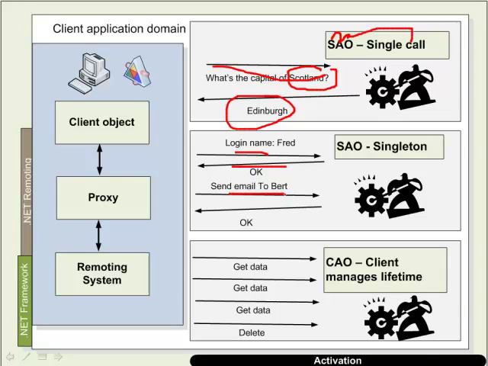Then we say send an email to Bert, and so on. In this way, we're remembering the state between our calls. And for client activated, we might have a remote object which is getting data, and we can keep requesting data from it. So after a while, we can actually delete the object once the lifetime has been reached.